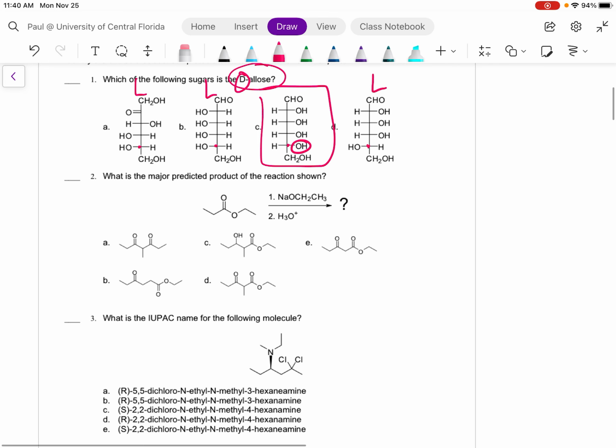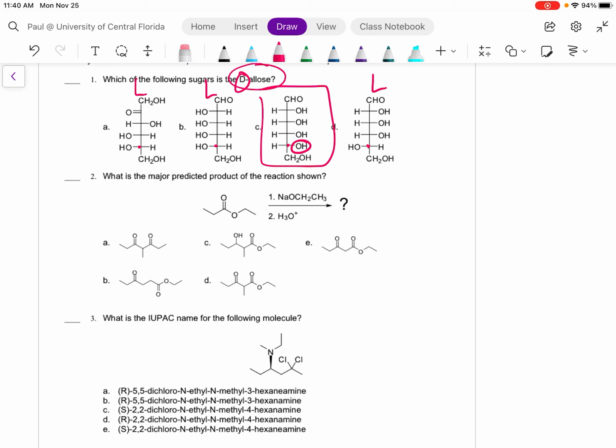Question 2, what is the major product of the reaction? Let's see here. So in this particular one, what are we doing here? We are looking at a Claisen condensation.